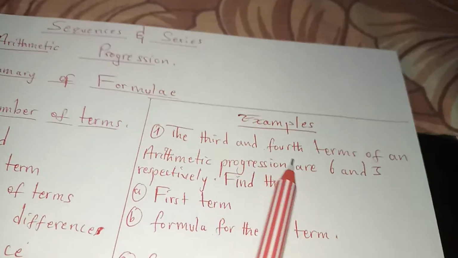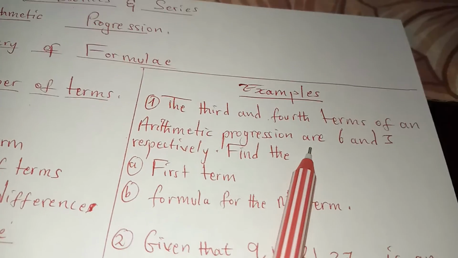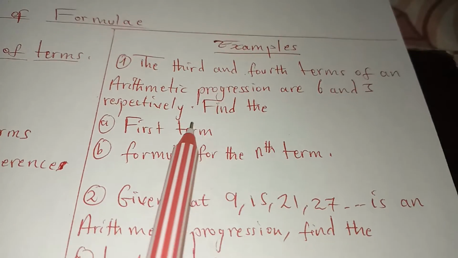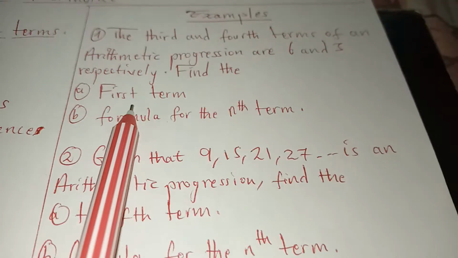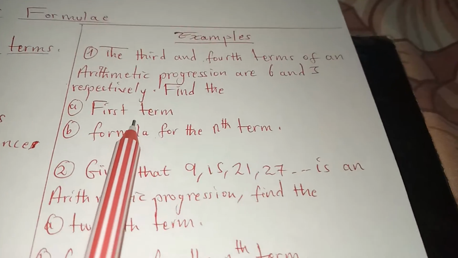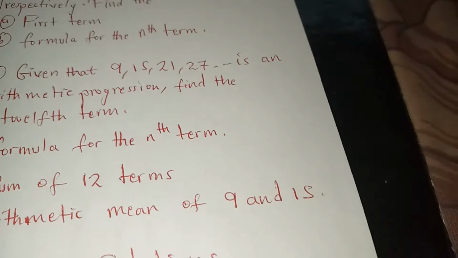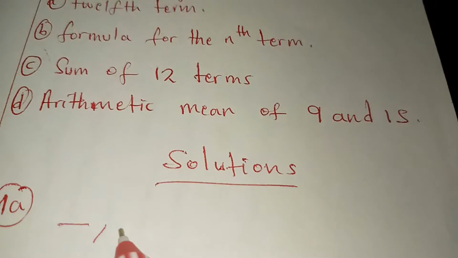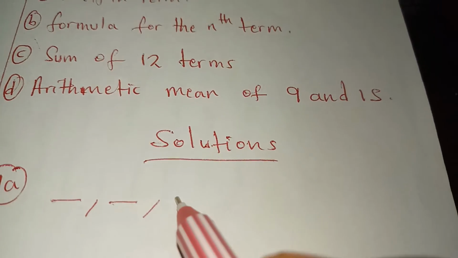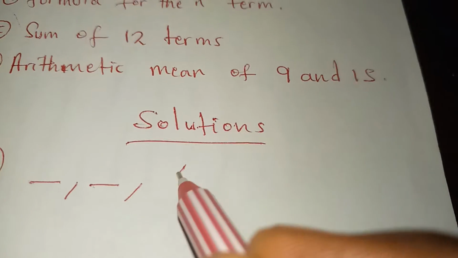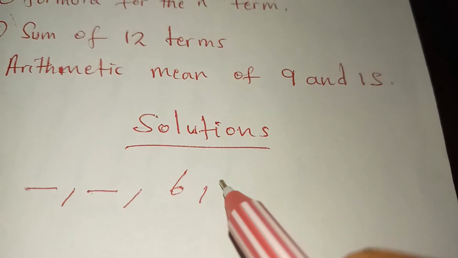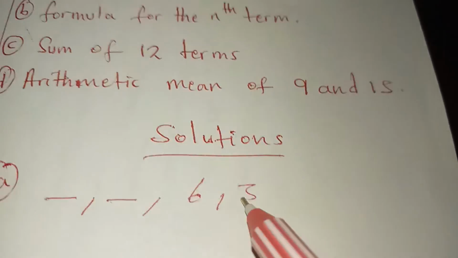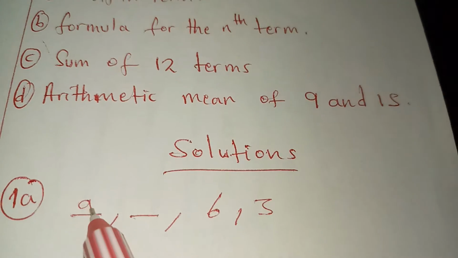They are saying the third and fourth terms of an arithmetic progression are 6 and 3, and they are asking us to find the first term. We have the first term, then the second term, then the third term is 6, and the fourth term is 3.